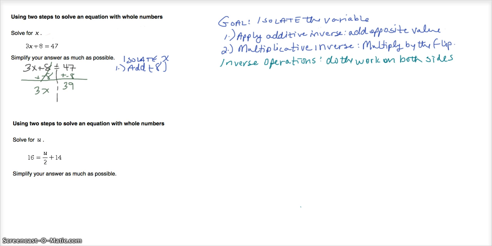The next thing we need to do is multiply by the flip. And the flip of this, if I have 3, I need to make it 3 over 1. And so I can multiply by 1 over 3.